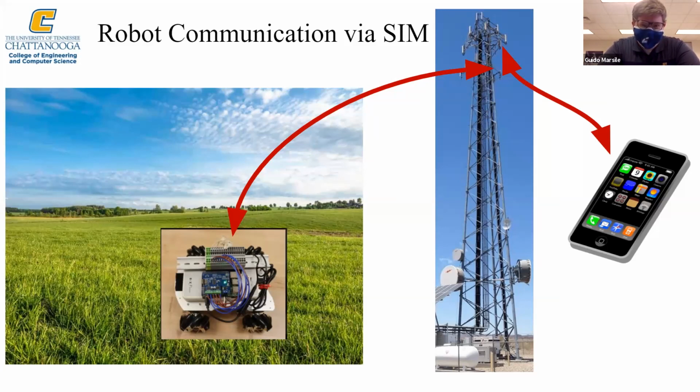But the idea is that you could either make an app or some program on your phone and communicate with a cell phone tower that would route the communication towards the robot. Another method you could do would be to actually just send text messages and have a program in the robot understand text messages to accomplish the same goal that we did with a secure shell.